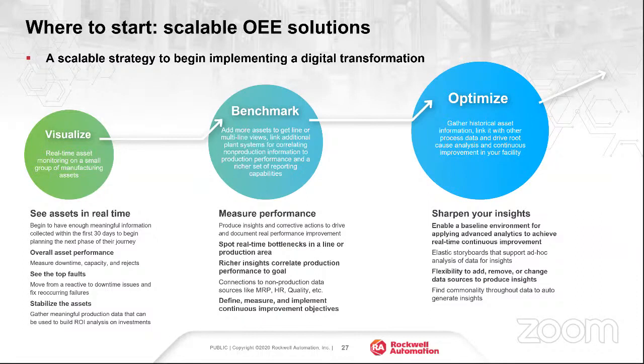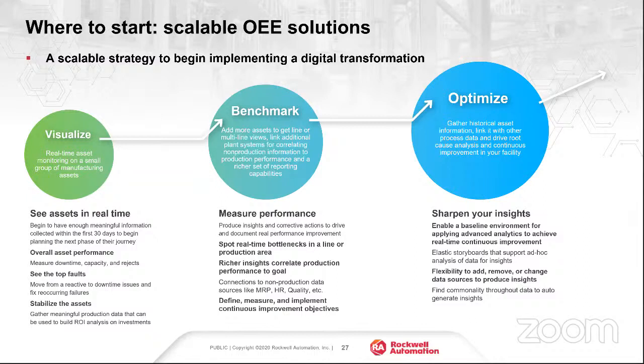Now you are collecting all the data from the labor side, the safety, the maintenance. Right? Now optimize. Now this is the last stage. This is the stage where you will get the best value, because you are optimizing the performance based on complete data analytics. Right? You can establish a baseline environment and apply advanced analytics tools to give you a prescription to improve the OEE, and improve not only the machine OEE or the line OEE, but the performance of the facility overall.